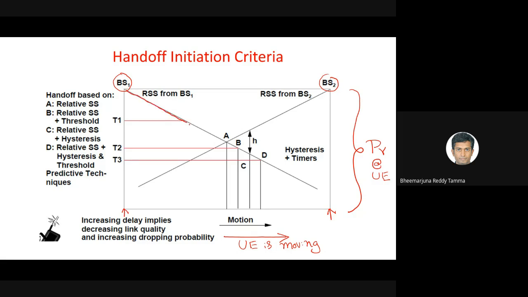So this is the signal strength from base station 1. When the user equipment is at this location, the signal strength that it will receive is the highest.